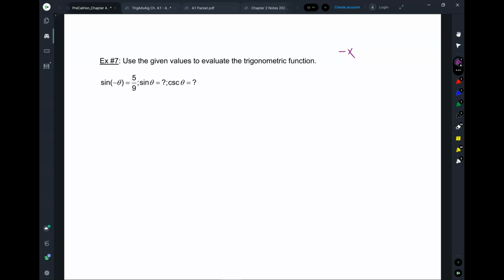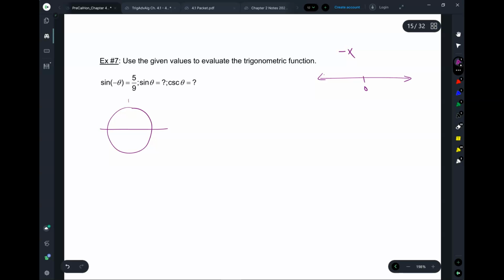On a number line, changing the sign means going from the left side of 0 to the right side of 0 and vice versa. When you're talking about angles, however, if I have an angle theta, where's the negative of that angle theta? Immediately symmetrically down below.